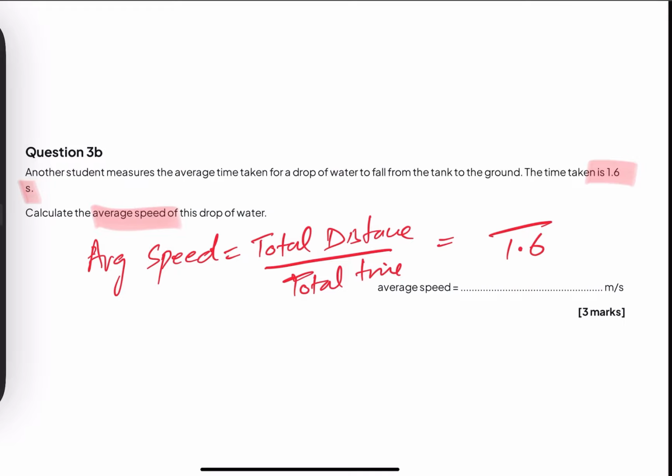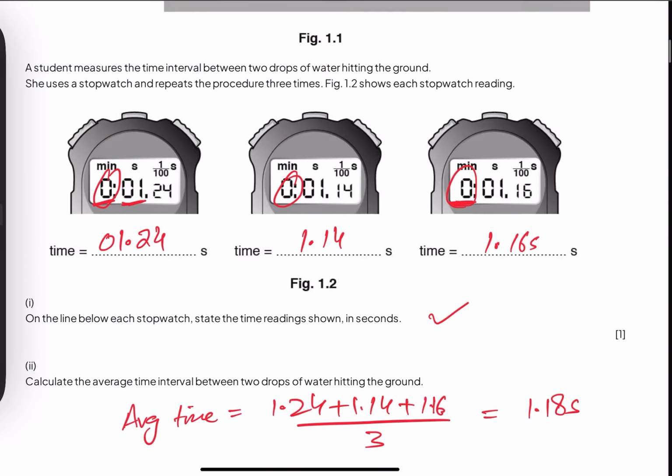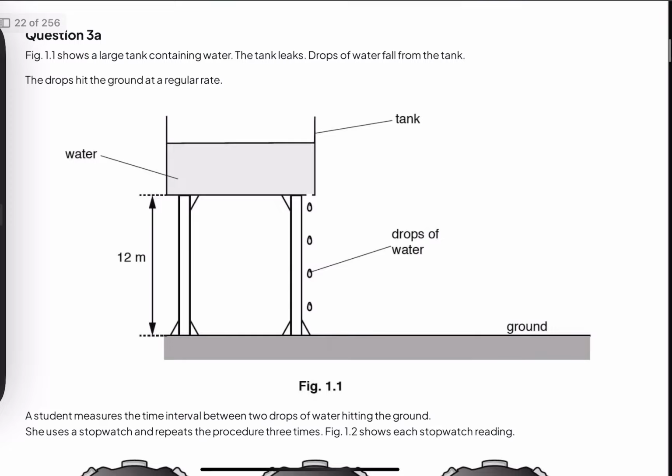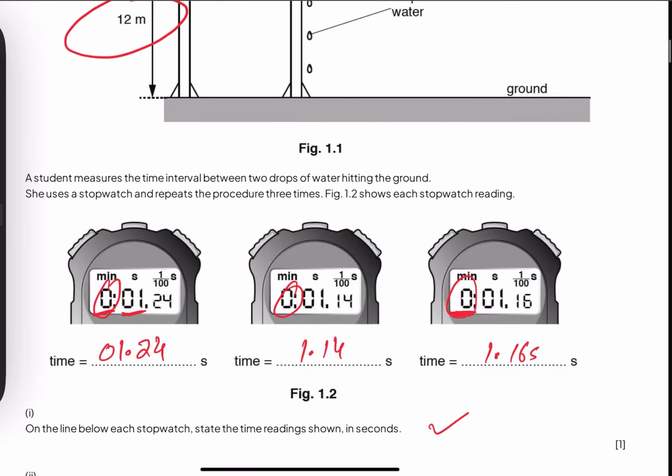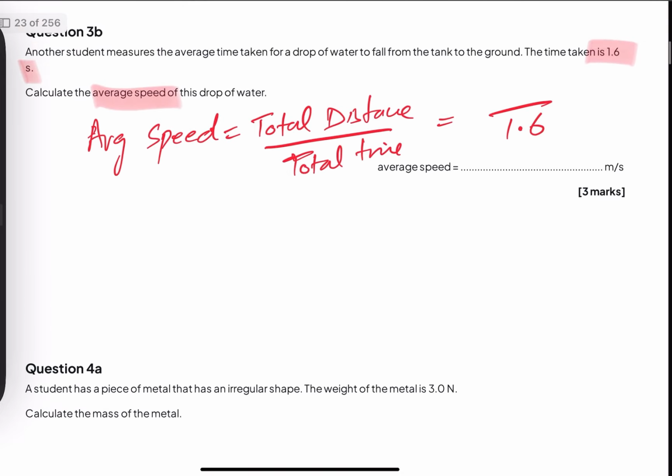We have to look for the distance. So let's go back to the question. Distance is given in the diagram, that is 12 meters. So dividing 12 by 1.6, the answer will be 7.5 meter per second.